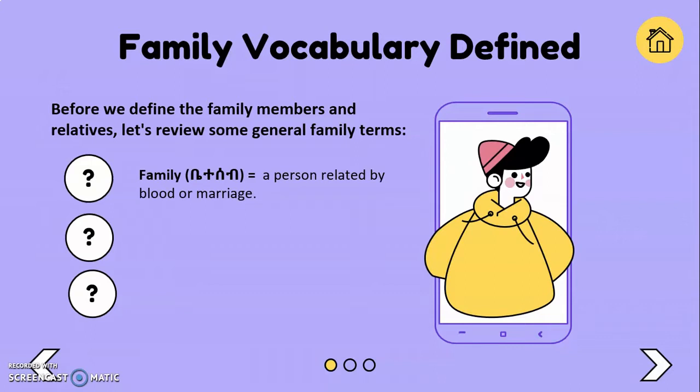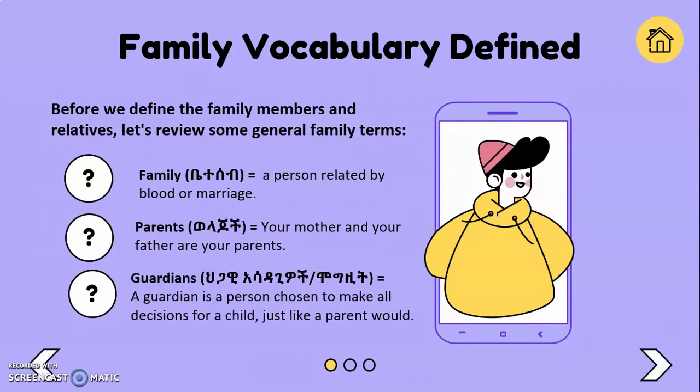First, family. A person related by blood or marriage to you is called family. Parents. Your mother and your father are your parents. Guardians. A guardian is a person choosing to make all decisions for a child, just like a parent does.